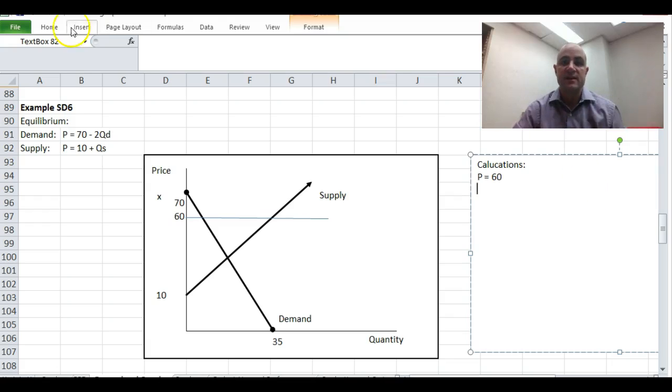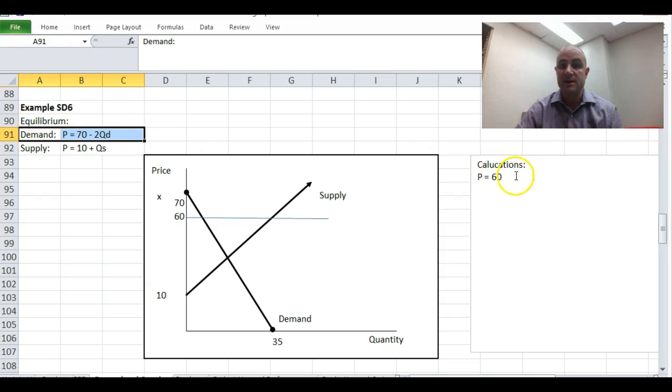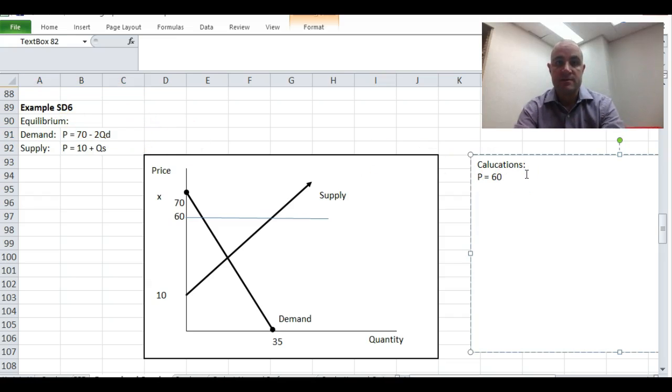So let's first look at the demand. From the demand, we have price equals 70 minus 2 QD. So the price, which is 60, equals 70 minus 2 quantity demanded. If we subtract 60 from both sides and add 2 QD to both sides, we get 2 QD equals 10.